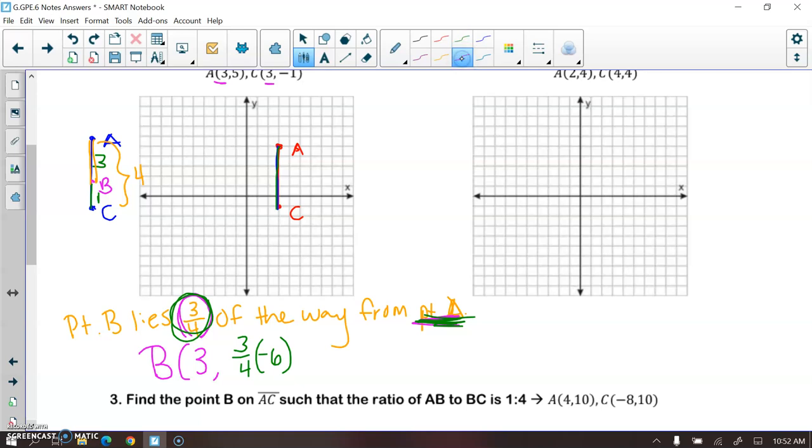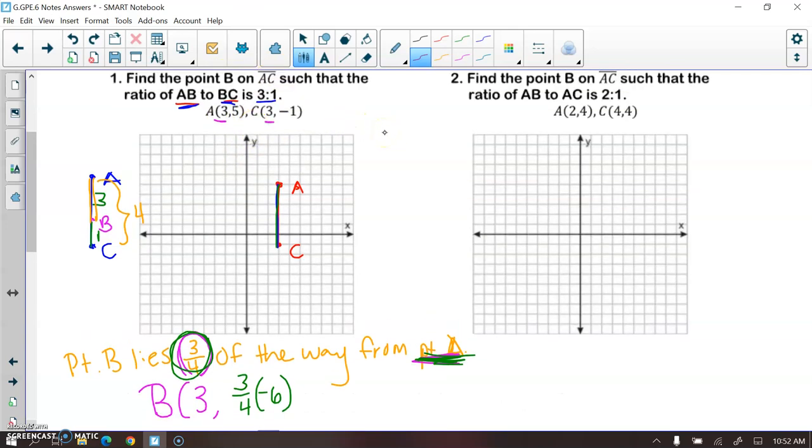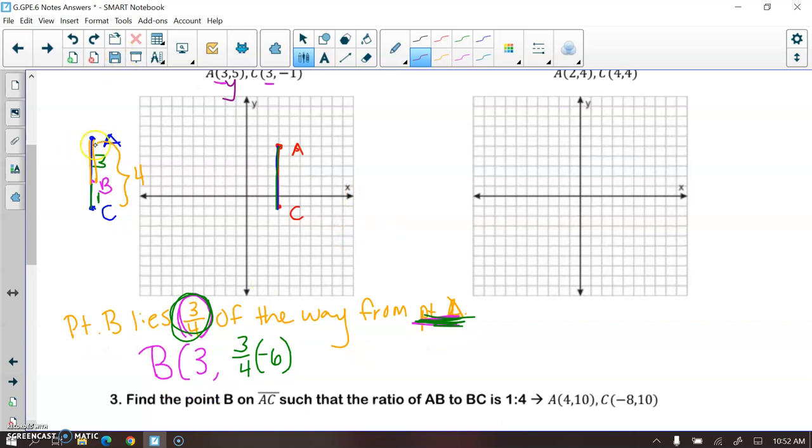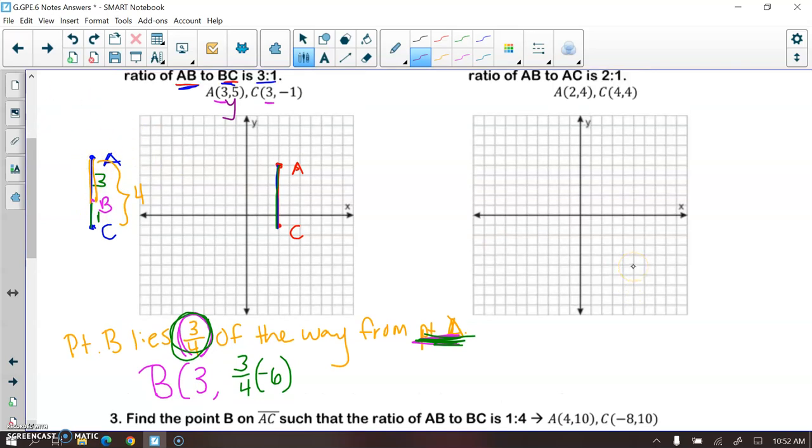What we need to do with that then is add it to the y value of point A, because we want it to be 3/4 of this slope here, of this distance from point A. So I need to add the y value of point A onto that.